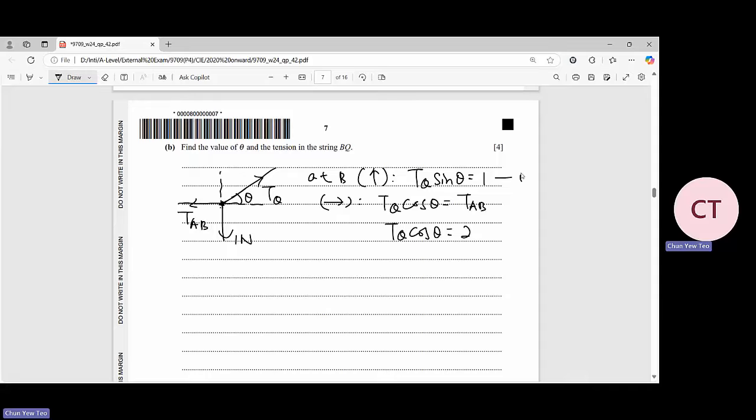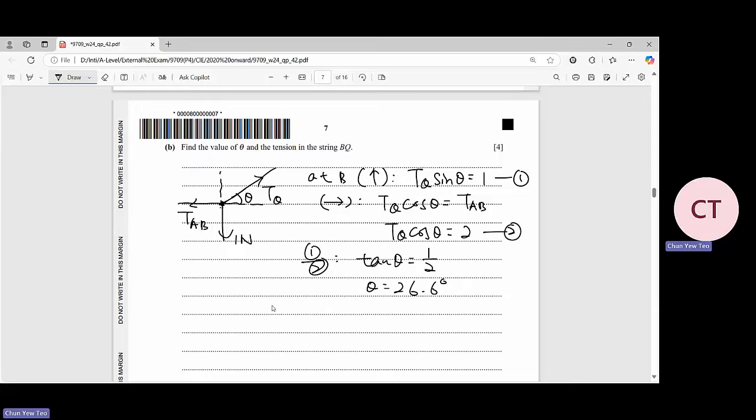So I call this one equation 1. I call this one equation 2. I just take number 1 divided by number 2. I will have tangent theta is equal to half. Then from here, I can just press my calculator to get the answer of theta in terms of degree. Correct to 1 decimal place is 26.6 degree.